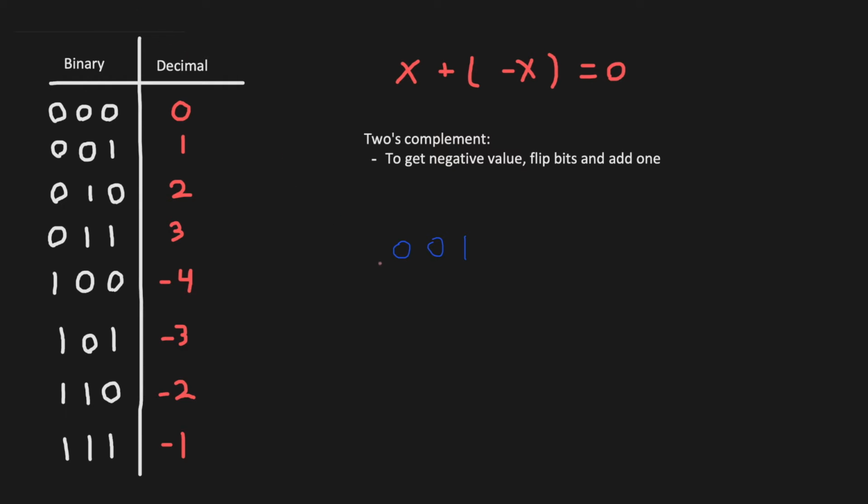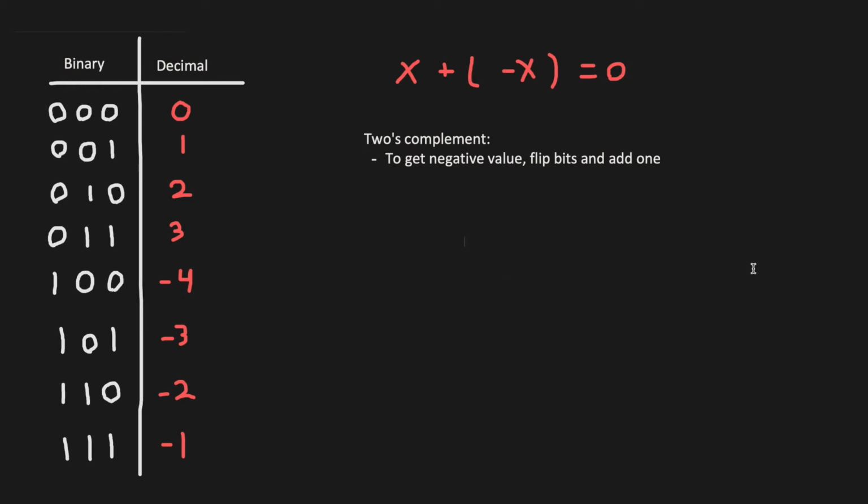So instead of 0, 0, 1, it's 1, 1, 0, and then add 1. So this is equal to 1, 1, 1. So we know this binary representation is negative 1, and this binary representation is 1.